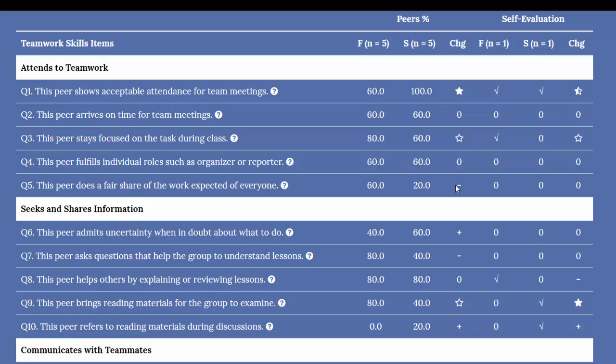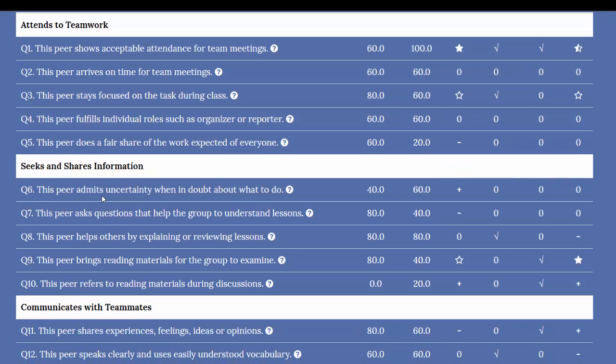So the drop in progress is shown by a negative. Here's another example. Look at question 6. Peer admits uncertainty when in doubt about what to do. We go from 40% of his peers to 60% of peers. That's improvement. This item was not a goal, so the improvement was shown between the formative and the summative with a plus sign. Okay, pretty simple, huh?